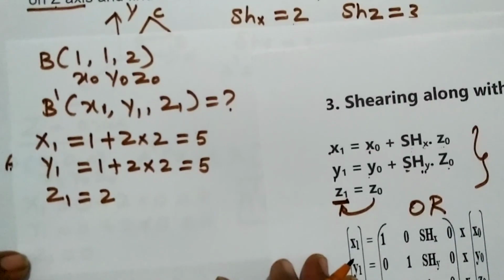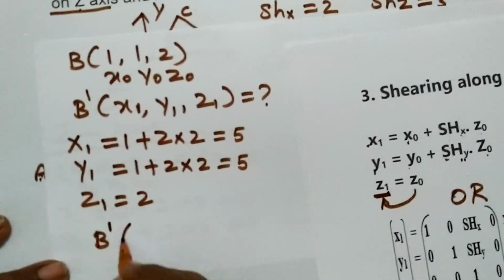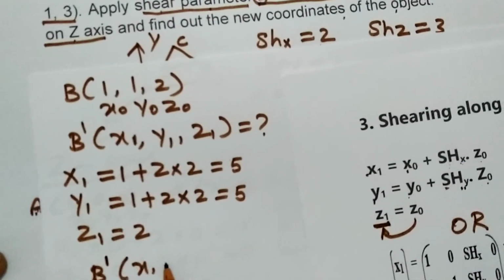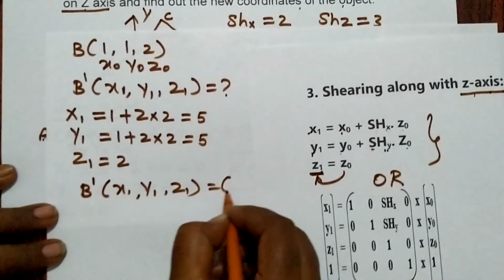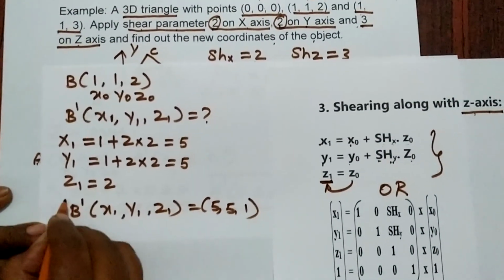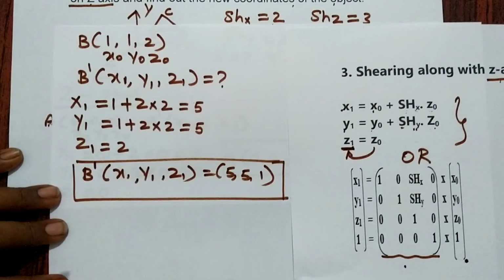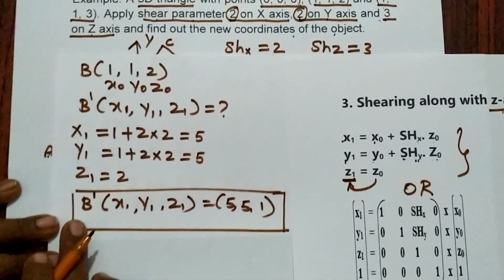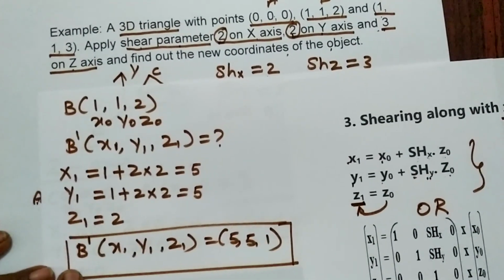So from this step we got the new coordinates of B point, that is B dash, as x1, y1 and z1 as 5, 5, 2. So this is a new coordinate value for the point B.